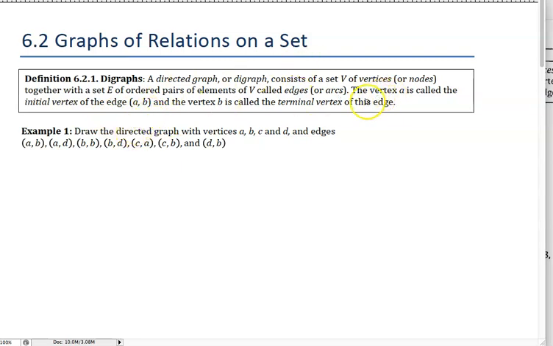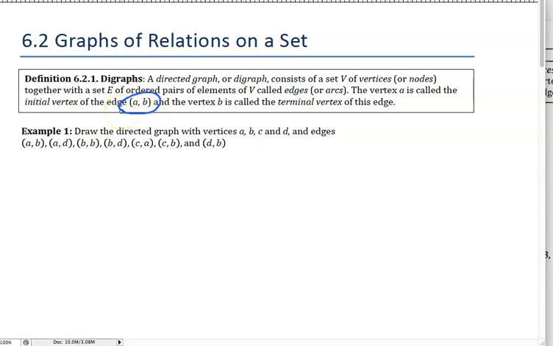The vertex A is called the initial vertex, if that's where I start. Sometimes the starting point is important, sometimes it's not. And B is called the terminal vertex. An edge is represented by a coordinate point, AB.